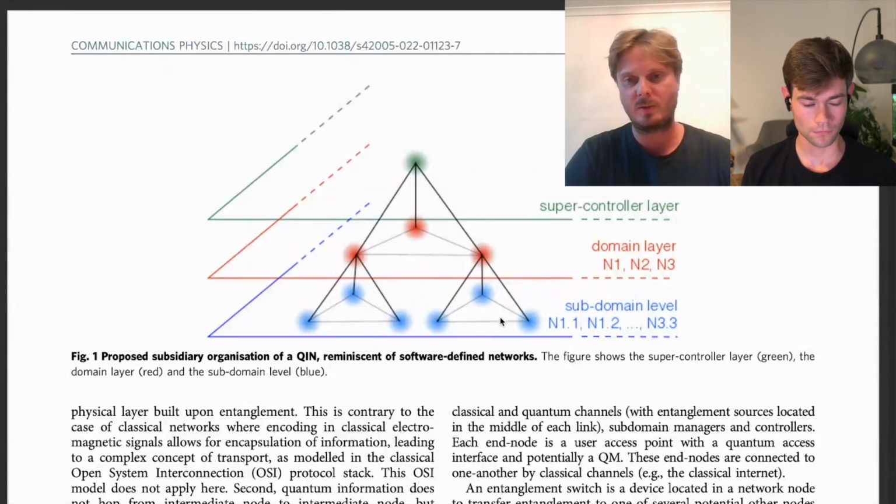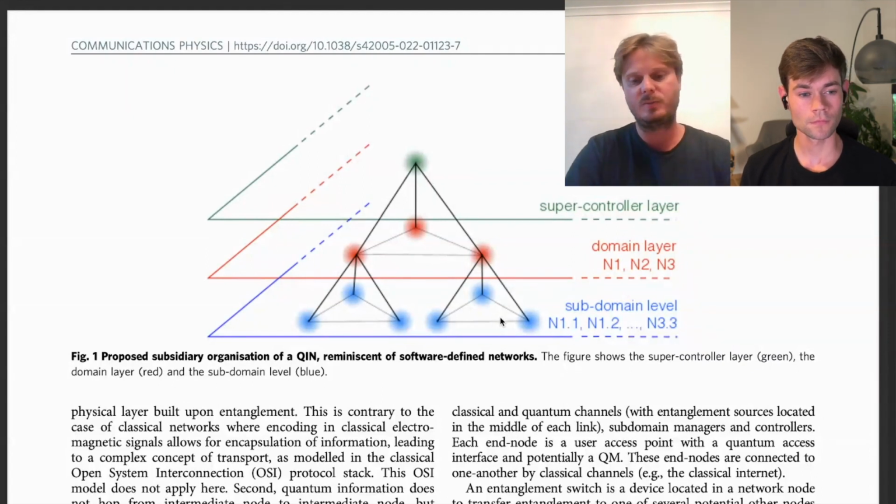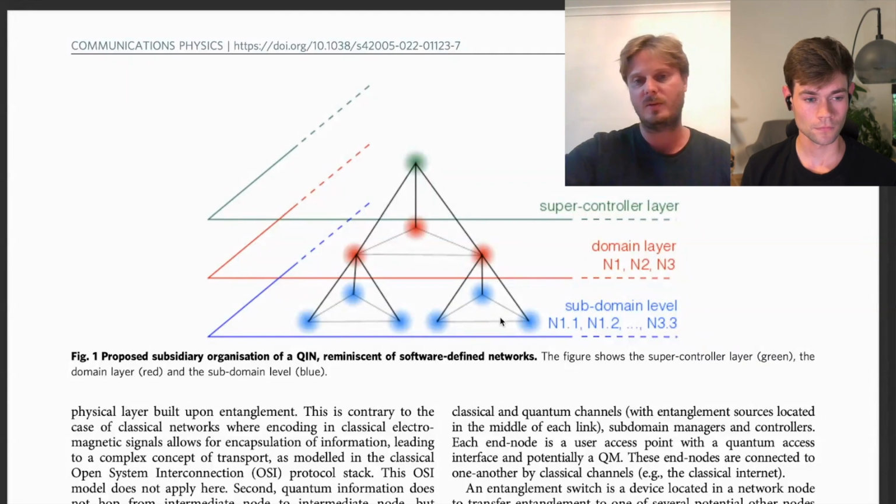You can think about Orange in France and Deutsche Telekom in Germany, so we have to think about someone that will be able to manage both networks. These are like network controllers, and they will have sufficient visibility on the available nodes on all the networks.